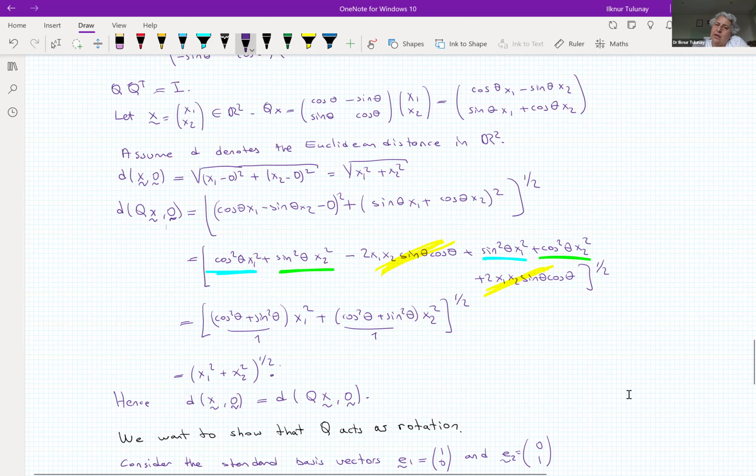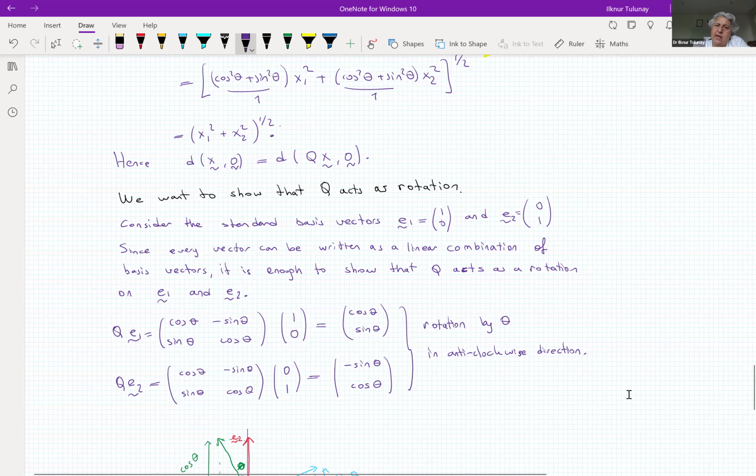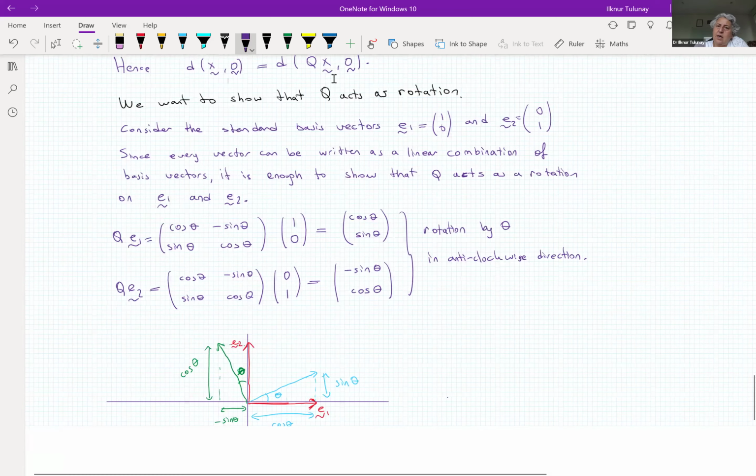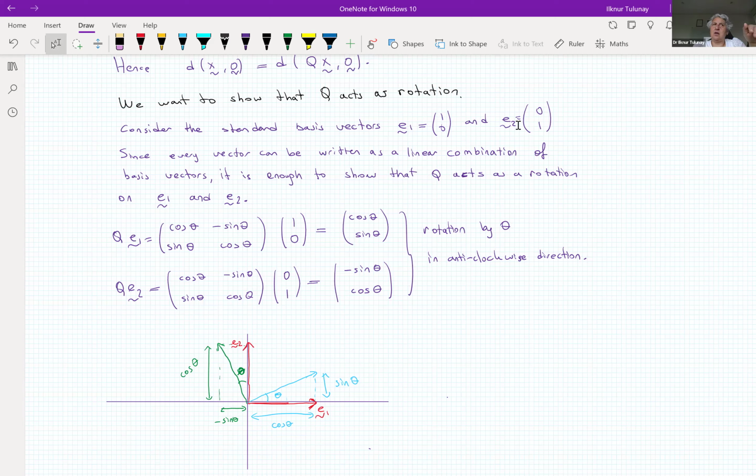Let's have a look at the last part of this question. We would like to prove that Q acts as a rotation. So we need to look at how Q acts on the whole space. In order to understand the whole space, we need to look at any vector, and we know that any vector can be written as a linear combination of the standard basis elements.